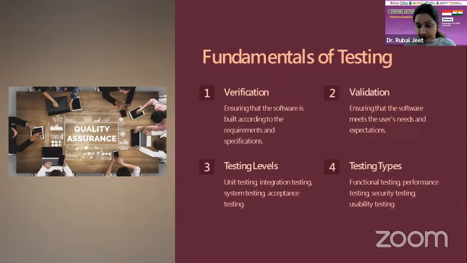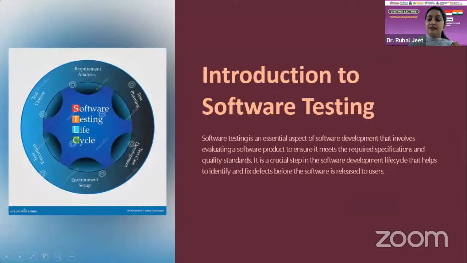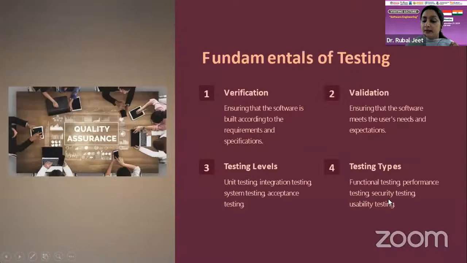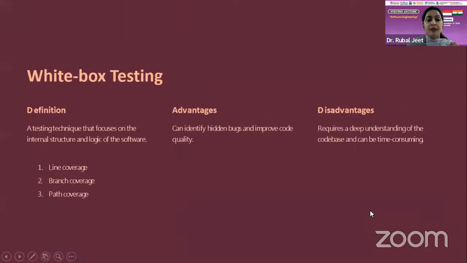So we also need to understand the testing types, like security testing, performance testing, and usability testing. Now, white box testing is a very important part, because in white box testing you focus more on the internal logic of the software.